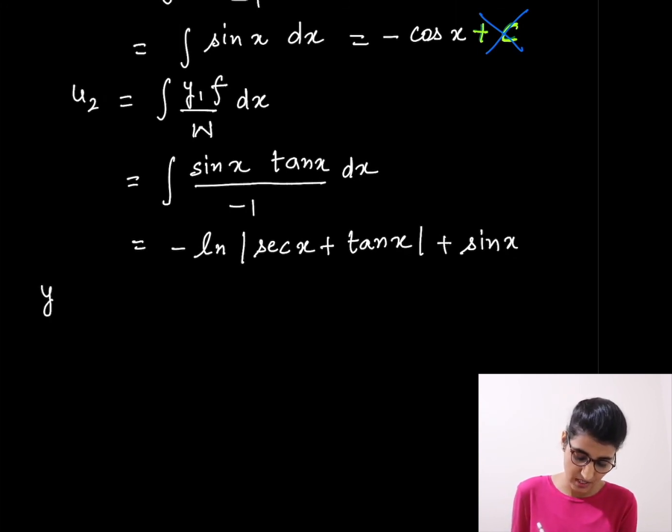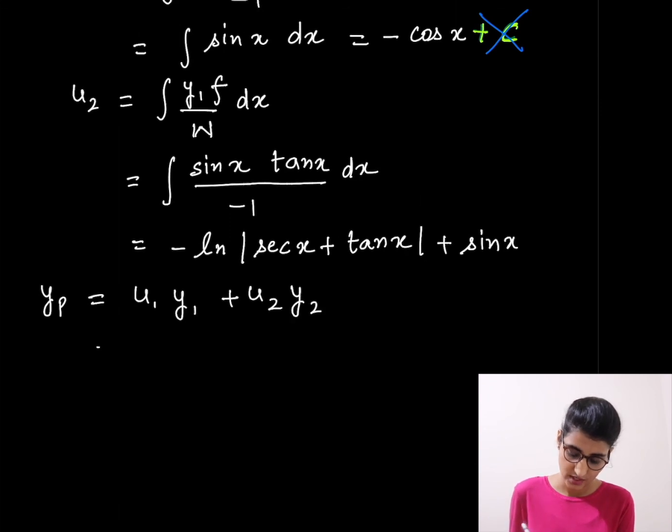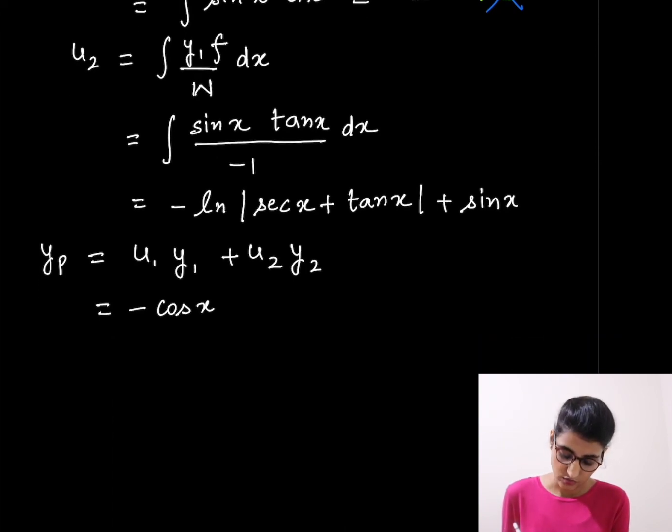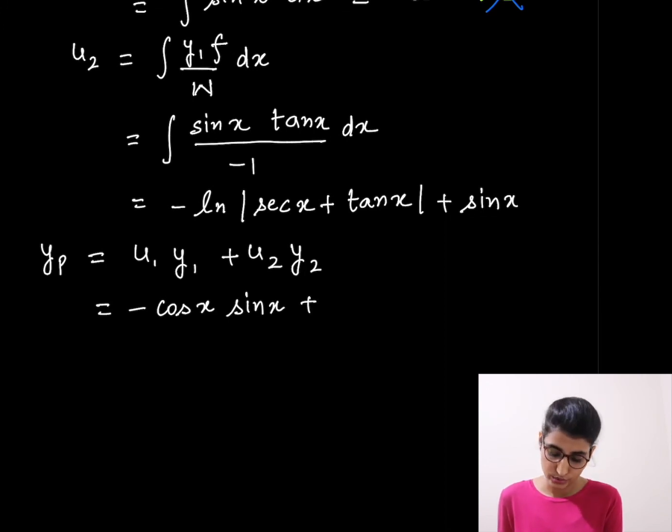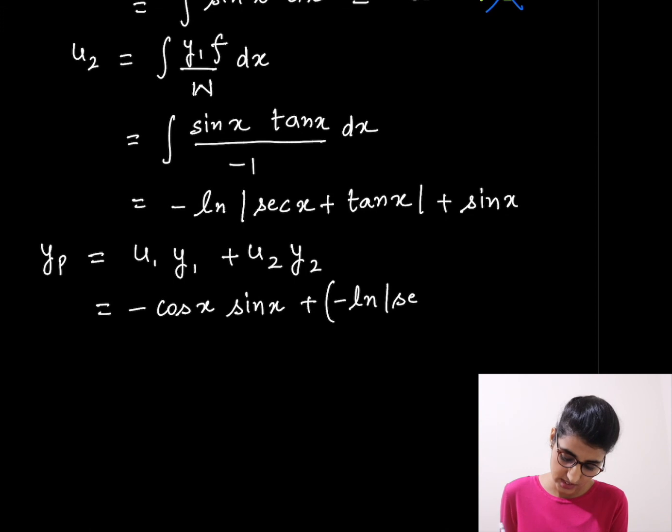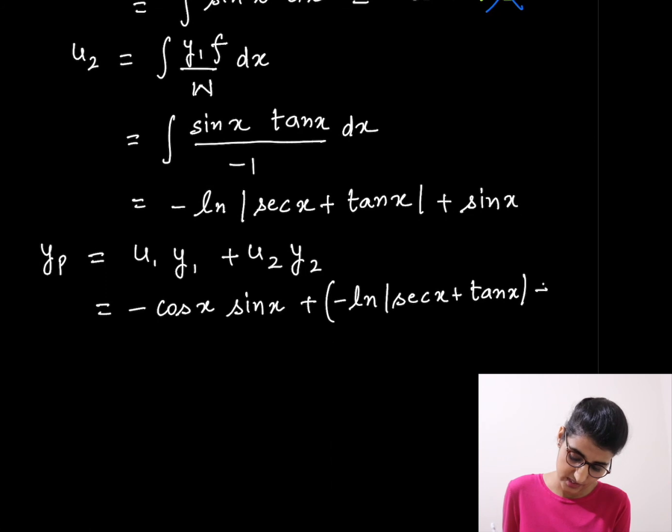So yp is u1 y1 plus u2 y2. u1 is negative cosine x and y1 is sin x. u2 is negative natural log of secant x plus tan x plus sin x times cosine x.